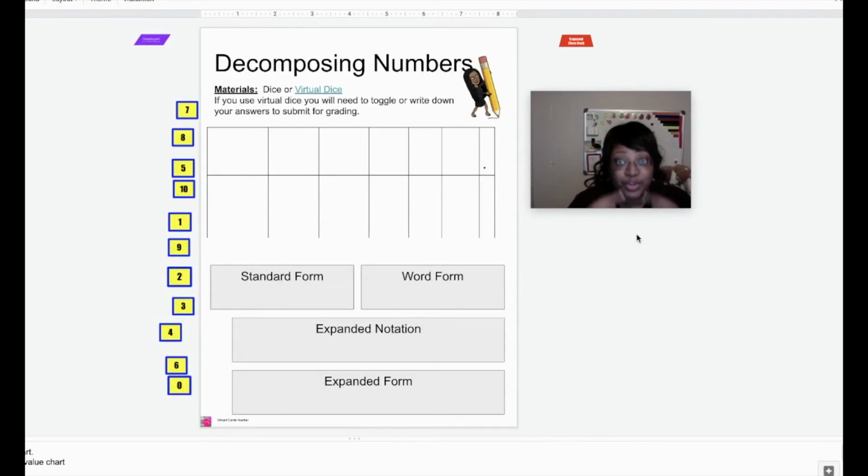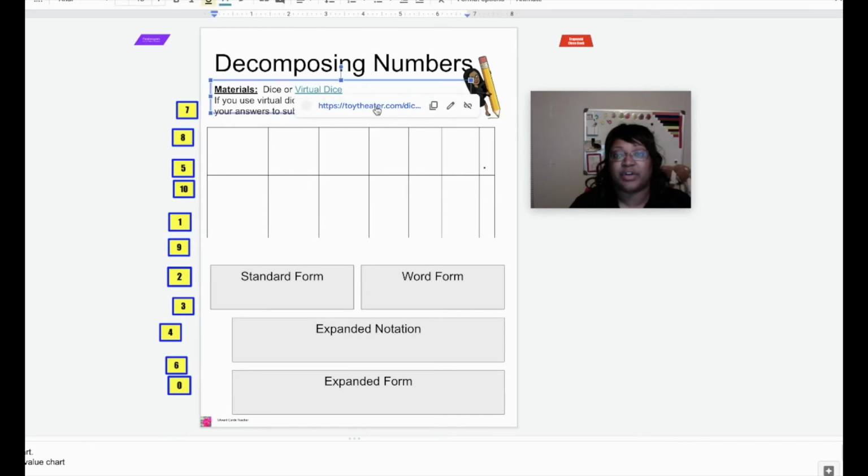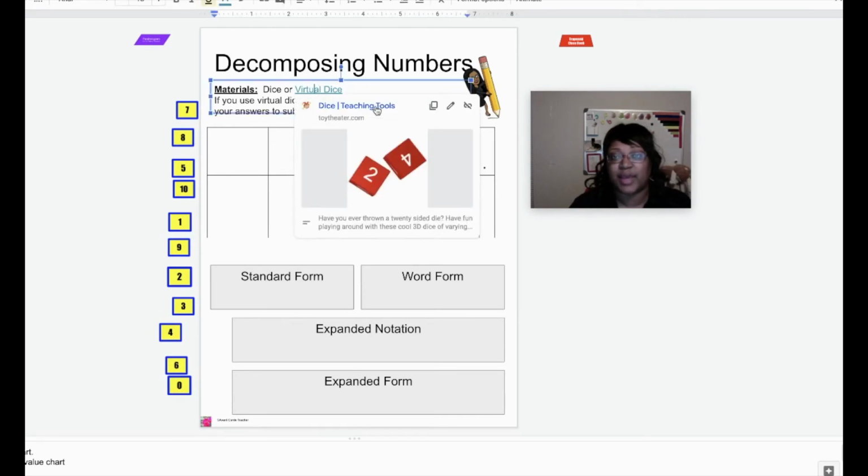It's when you say the number, you write it exactly like you say it. Okay, remember that. So we're going to roll our virtual dice. Now, if you're in the classroom and you have dice, or if you have dice at home, you can roll dice at home. But we're going to go to this virtual dice online site.